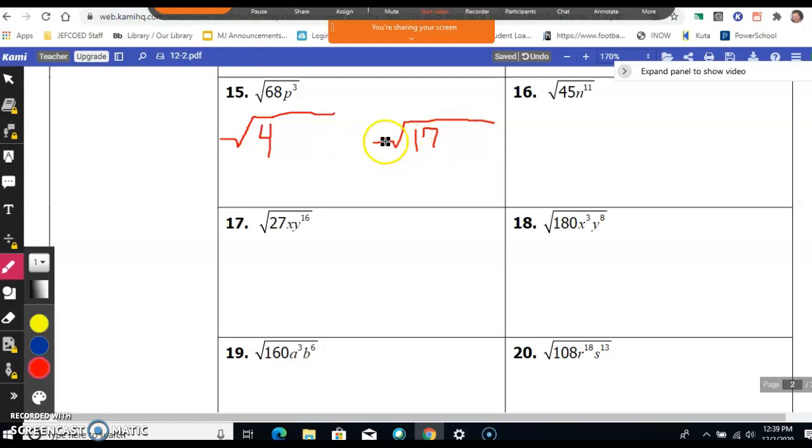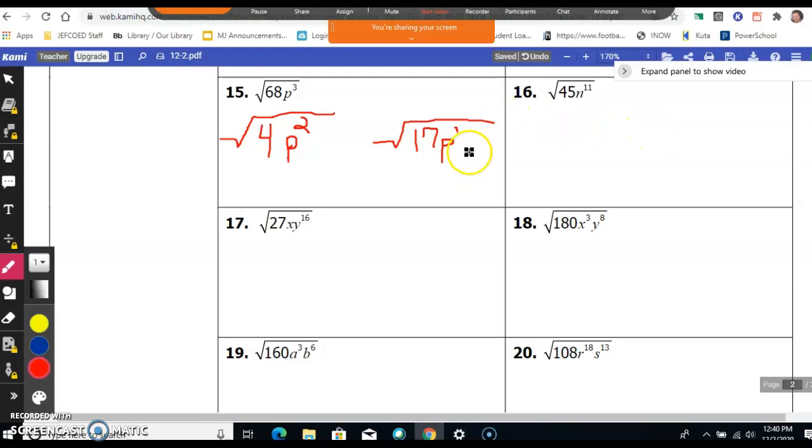Okay? And then 17. Now, come to our variable, p to the 3rd. Can you take the square root of p to the 3rd? No. This is another one where it's going to have to split and go into both columns. So here, we're going to have p squared and p, or p to the 1. I like to put the 1, even though it's not mathematically correct, but I can see and visualize that I know that it's a 1. Okay?